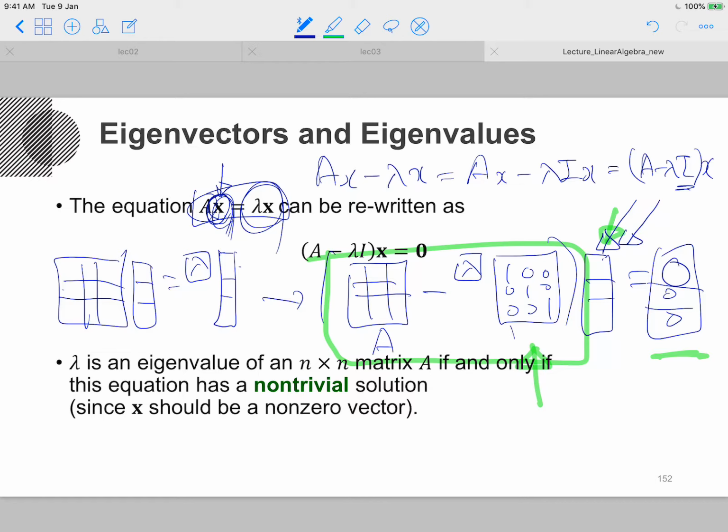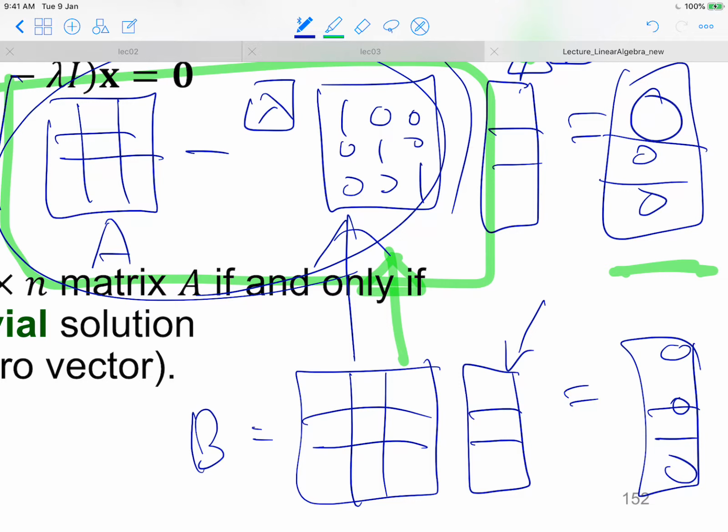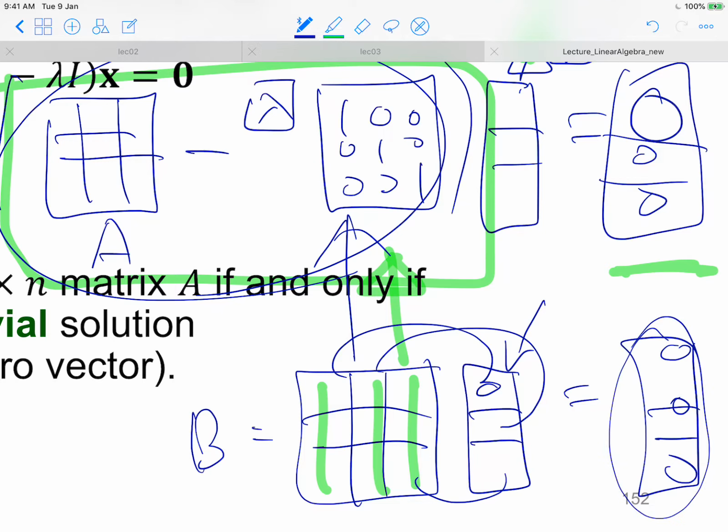And the resulting matrix, let's say it is B, times some non-zero vector should produce the zero vector. So we have 3 columns, and it can be viewed as a linear combination of these 3 columns in the matrix B, and some linear combination of these 3 columns should be equal to the zero vector.